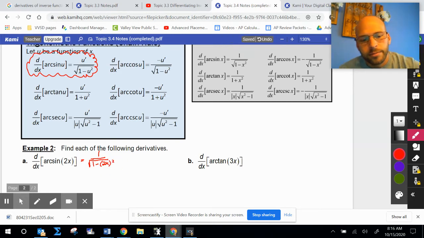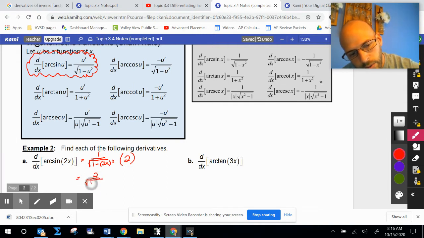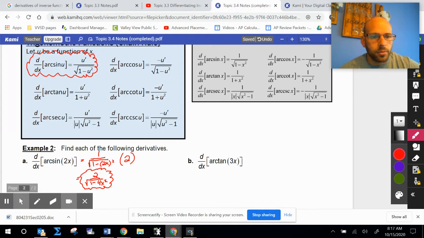Now, the only thing is I never took the derivative of the inside, and that's where the chain rule comes into play, and I get 2. So when I take this derivative, I get 2 over the square root of 1 minus 4x squared, since 2x squared is really 4x squared. This is my derivative. You can see the resemblance between that and what I circled in the derivative formulas. It's 1 over the square root of 1 minus whatever is in that quantity squared, but then you have to multiply by the derivative of that quantity, and that's where that u prime comes from in my formula. In this case, it was just a 2.